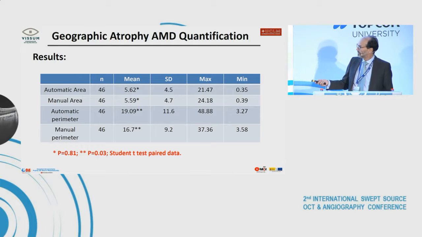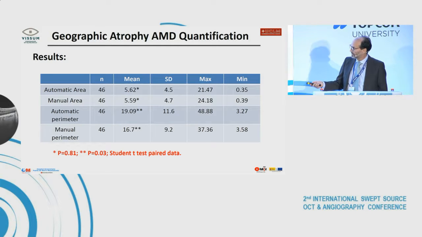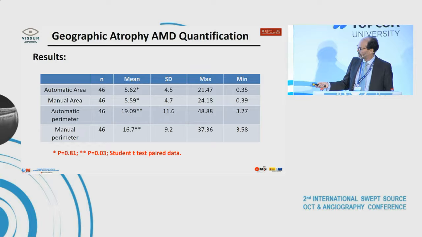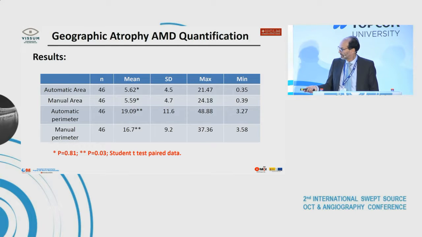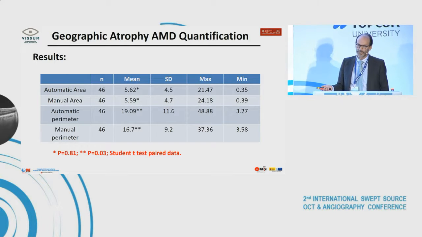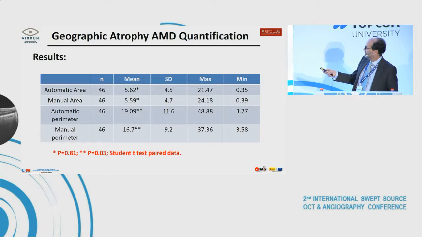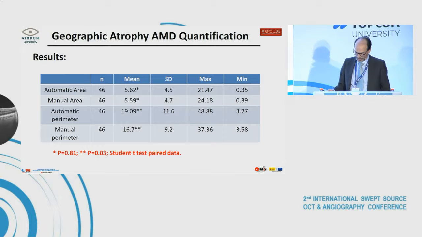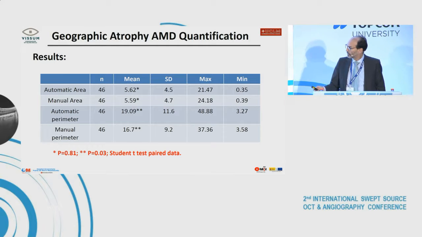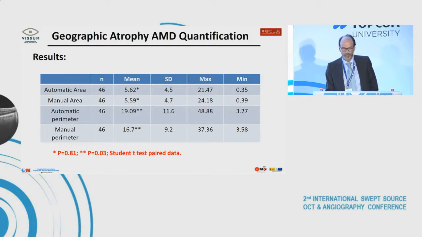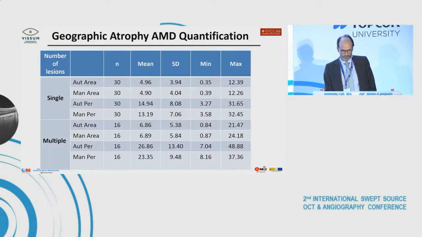But with the perimeter, we found the automatic perimeter determined by the software was bigger, 19 versus 16.7 with the manual measurement. The difference was statistically significant, and we can show all the data, maximum and minimum value in each of the parameters studied, but no differences with the automatic area. That was an important tool for our work.